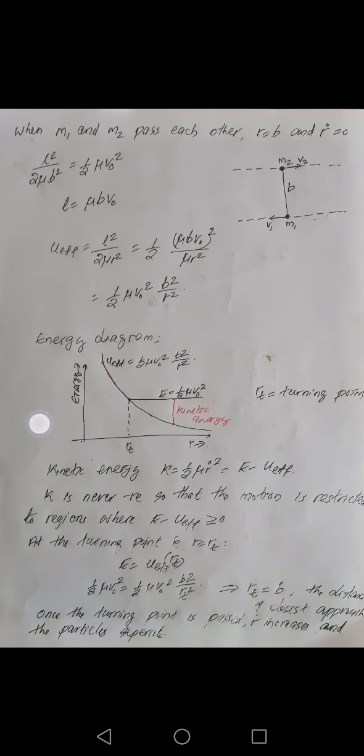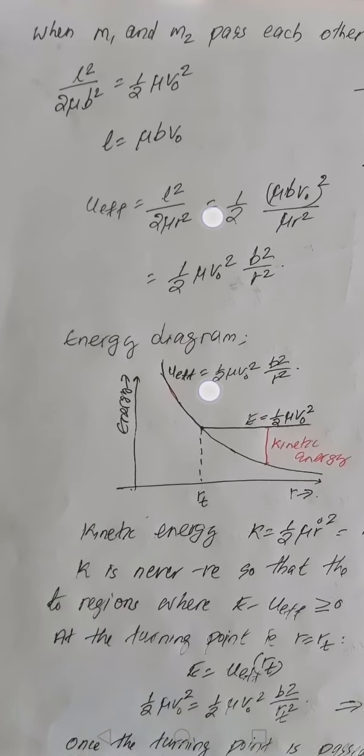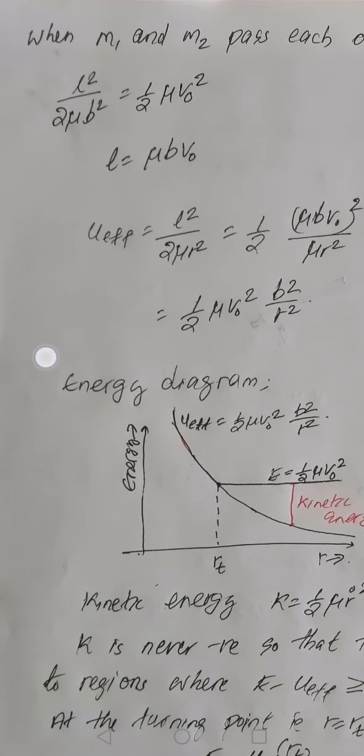So at r equal to b, r dot is equal to 0. Therefore I am substituting: L square by 2 mu b square is equal to half mu v0 square. From that, L is equal to mu b v0.